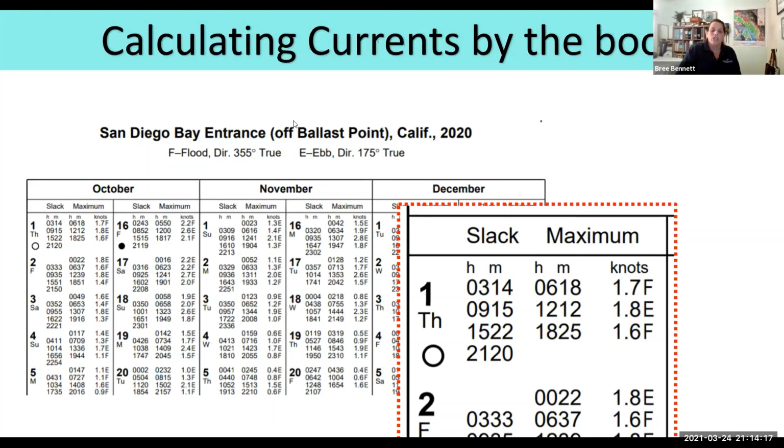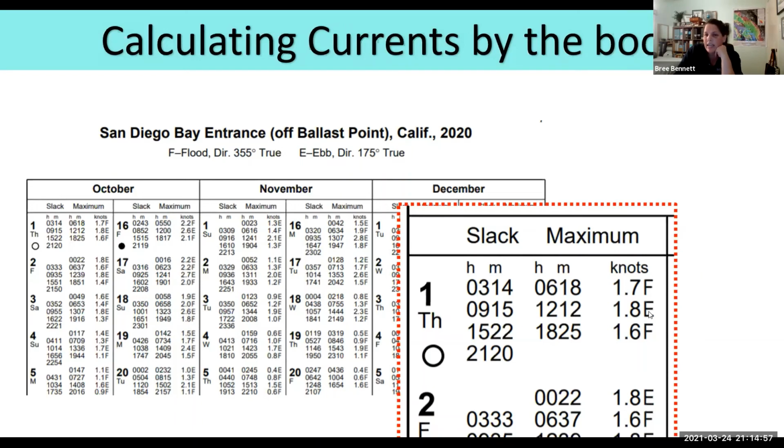On our table 1, on our daily pages for current, instead of a time and a height, we have 2 columns of times: a slack water and then a maximum. And then on the next side, it gives us the velocity. So the 2 things we're looking at in tide are a time and a height. The 2 things we're looking at in current are a time and a velocity, which is the speed of the current.